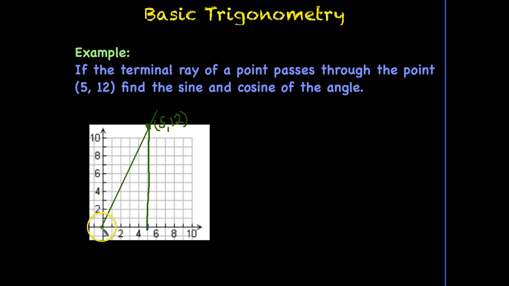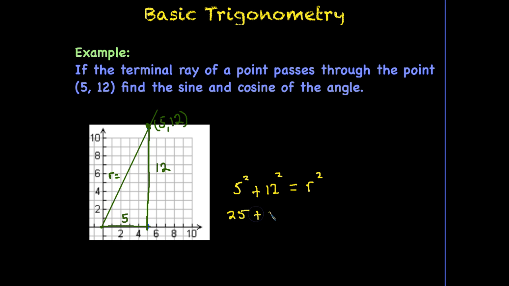Let's go ahead and label what I know. The base of this triangle would then be 5. The height of this triangle would then be 12. In order to find r, I would need to use the Pythagorean theorem. So I can do 5 squared plus 12 squared to get me r. a squared plus b squared equals c squared.